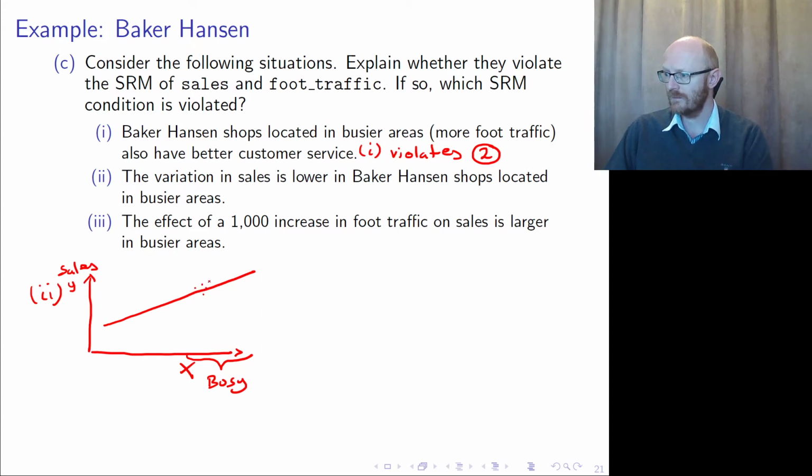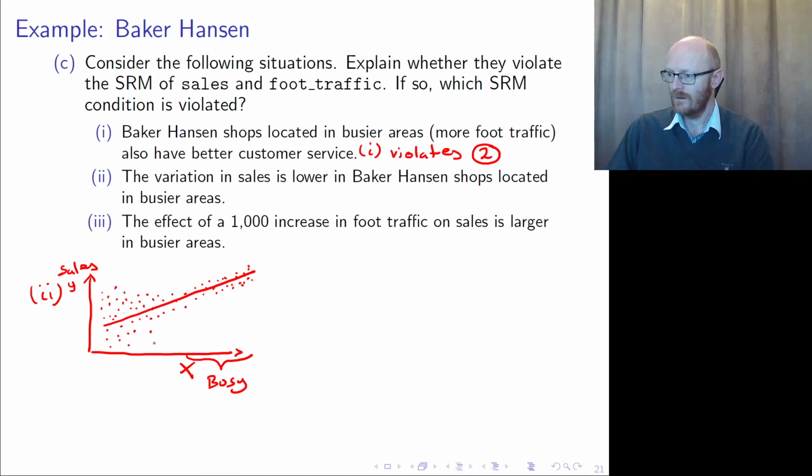So for example, their dispersion in sales lies quite snugly around the regression line, whereas the sales for less busy areas has greater variation.